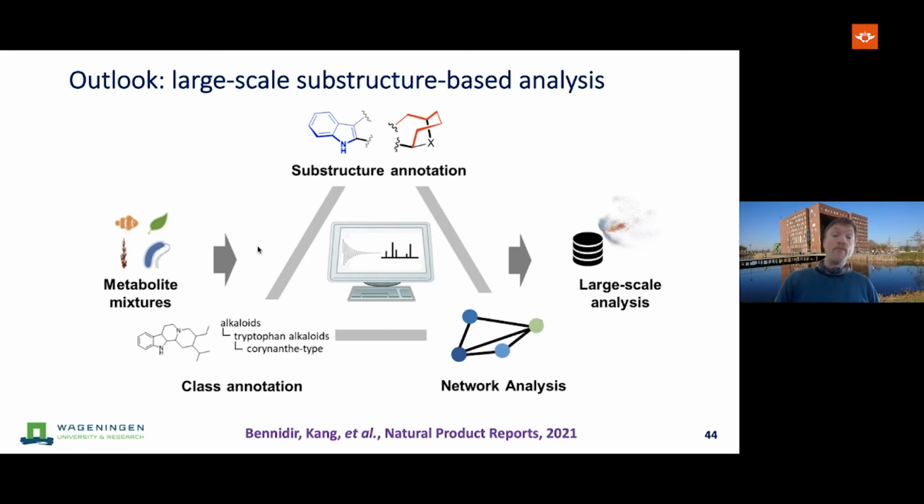And if you want to know more about this, I can recommend to read the review, but I'm biased because I'm one of the authors. But I think it gives you a really nice overview of where we are and where we could go, both for mass spectrometry and NMR-based analysis, I have to say.